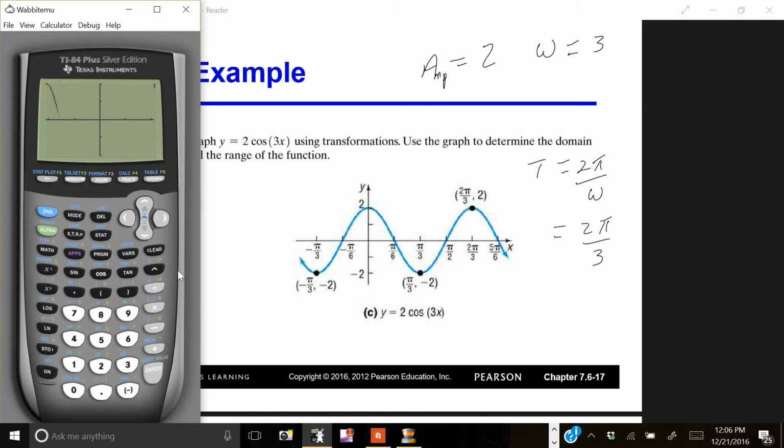Graphing it, we see basically what looks like a cosine function, but its period is 2 pi over 3.